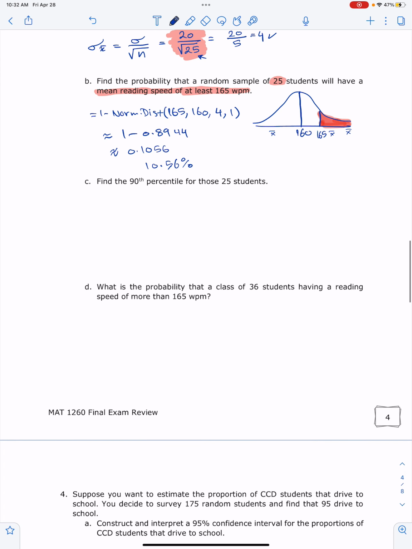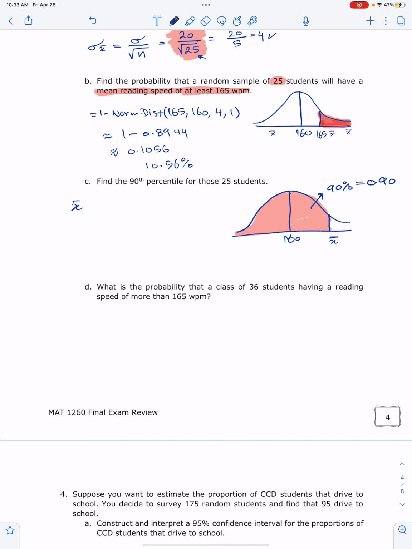Part C, find the 90th percentile of these 25 students. So again, we're still working with the sample information. If I want to visualize it, here is the mean, 160, and the 90th percentile is about here. I need to find the cutoff for that 90th percentile, which is this area right here. So this area is given. It is 90% or the 90th percentile, which is equal to 0.90, and we need to find the cutoff value.